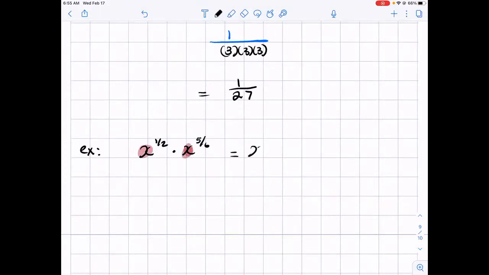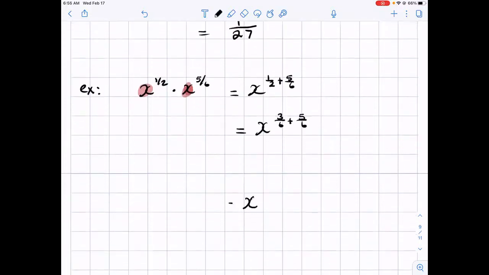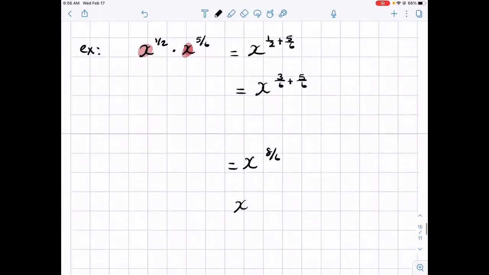So we keep the base and we add 1/2 plus 5/6. The common denominator is 6. So this becomes 3/6 plus 5/6. So we have x to the 8/6, and 8/6 can be simplified. So this is equal to x to the 4/3.